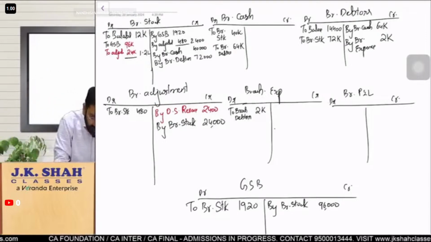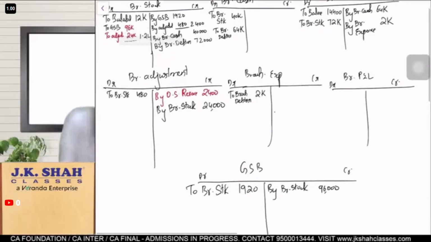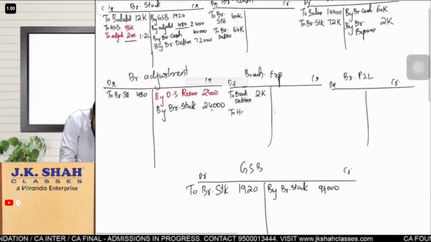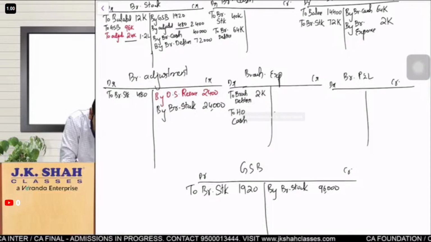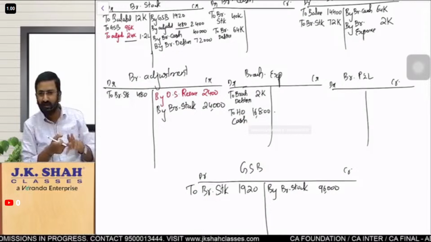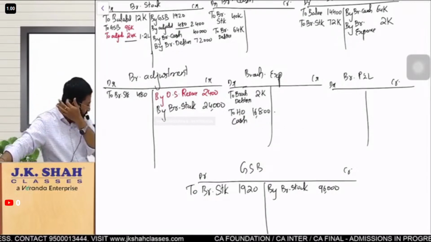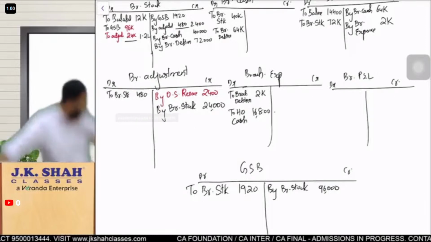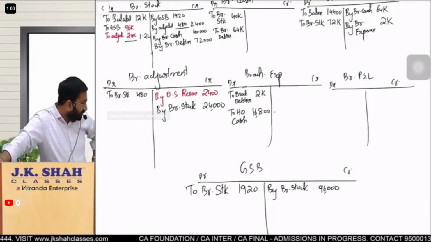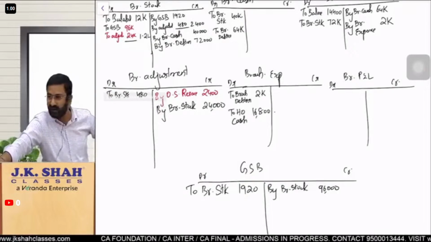So only this account is affected. Branch expense to head office cash 16,800. Anything else?